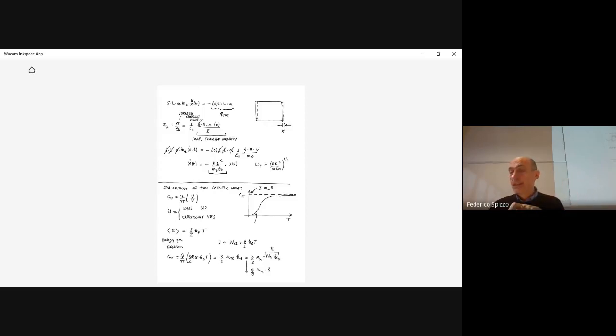The Dulong and Petit law tells us that the specific heat in the temperature independent regime is equal to 3 times the constant of gases times the molar density of the solid we consider. In this case, the electronic contribution is just 1/2 of that, because it's 3 divided by 2 times the molar density times the constant of gases.